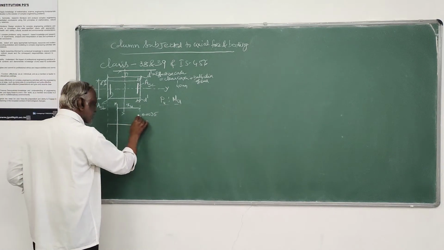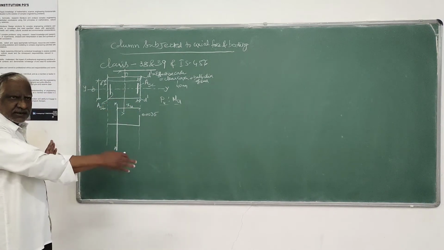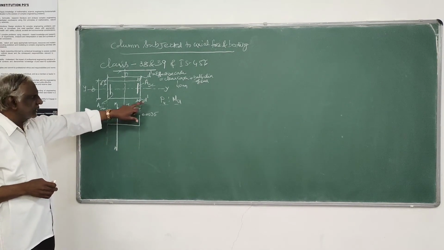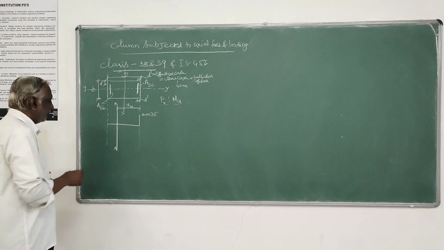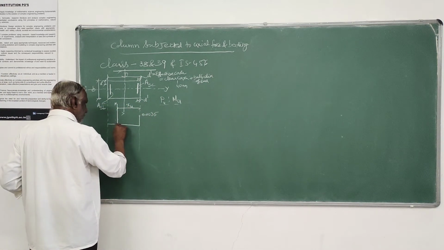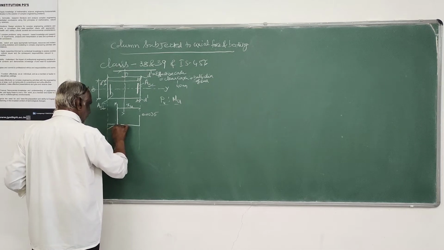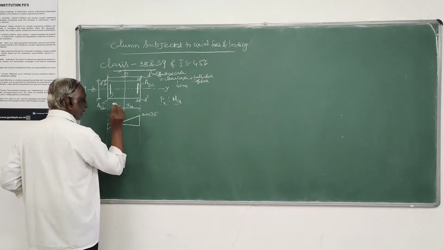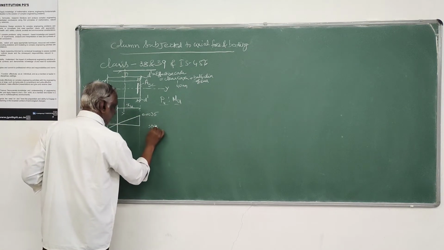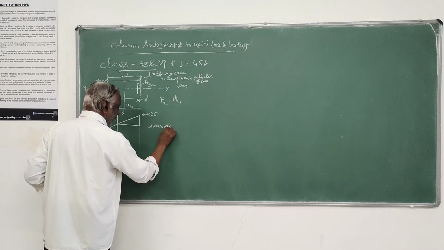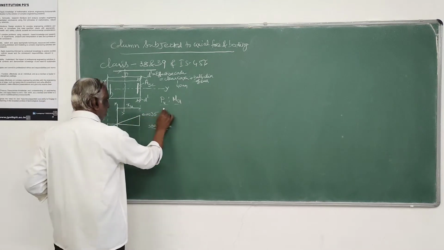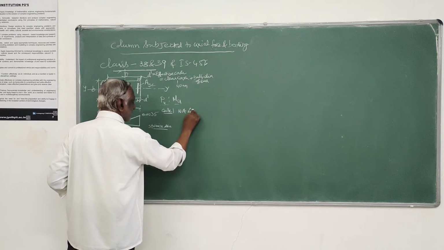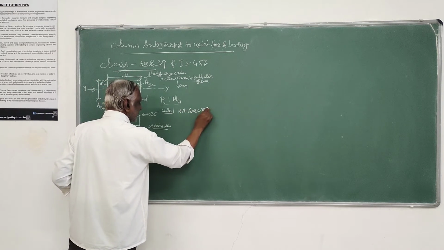We assume this because we design as per the ultimate load condition, where the maximum strain is reached on account of bending. Here it will be zero. The variation of strain across the cross section will be like this. This is the strain diagram for case 1, when the neutral axis lies within the section.